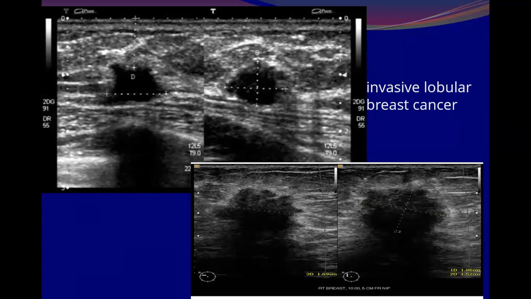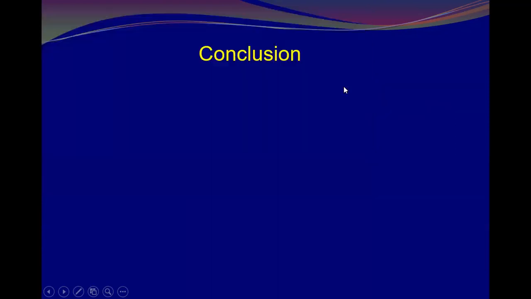So the lower one is more optimum, and even the focal zone is more towards the lesion, while in the upper it is not at the center. It is a little bit at the upper part. Acceptable, but it's supposed to be at the middle or a little bit below.